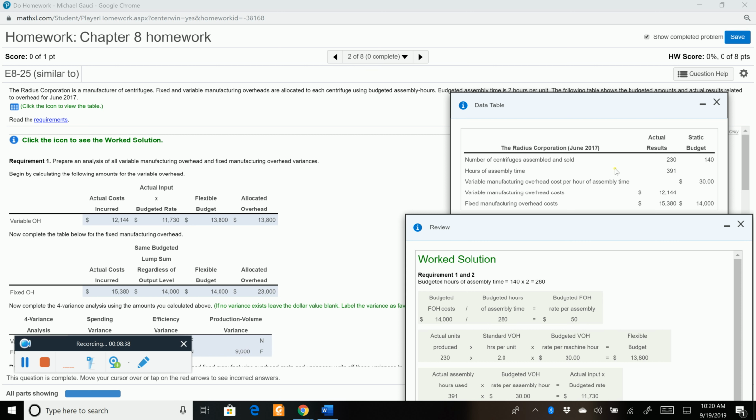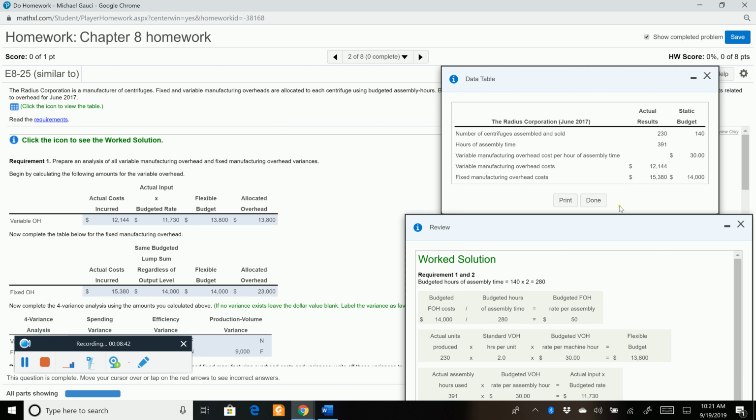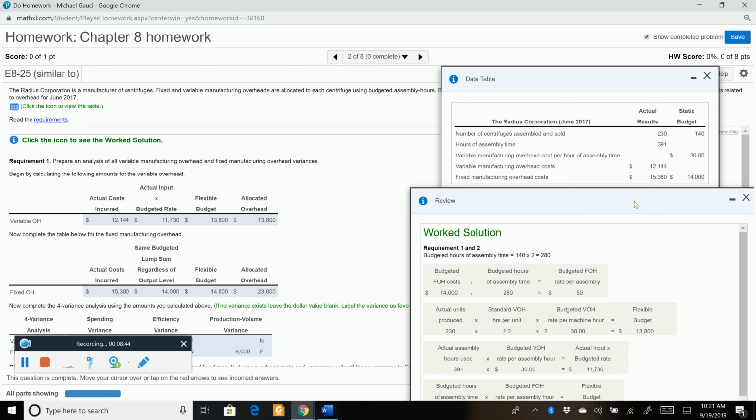So if we come over here in the far right, the data table that was given to us, we can see that the author told us that the static budget, which was the original planning budget, we were expecting to make 140 units, but how many do we actually make? 230. Our actual assembly time is 391.